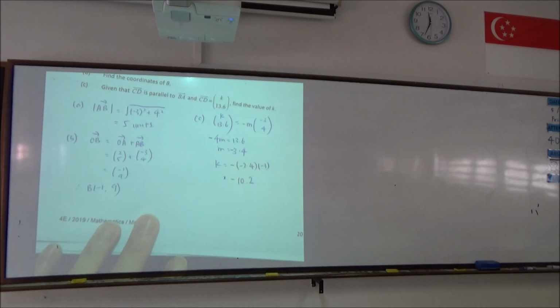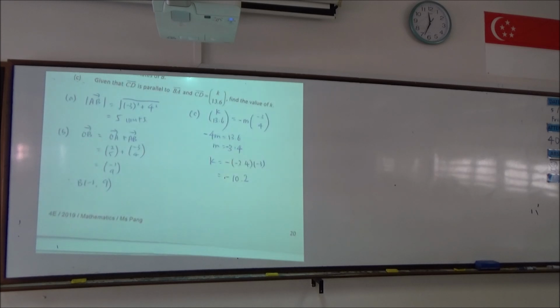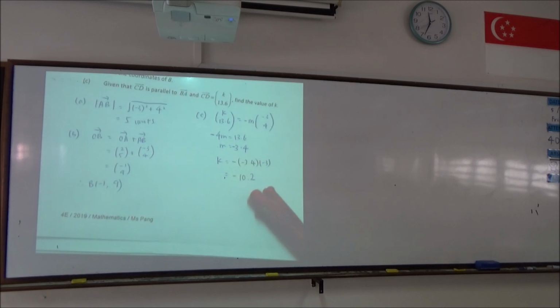No, because you never simplify at the start, so m is negative. But it's negative m, negative 3 times negative 3, but m is negative 2 also, so 3 times negative 2. You have to simplify at the start.